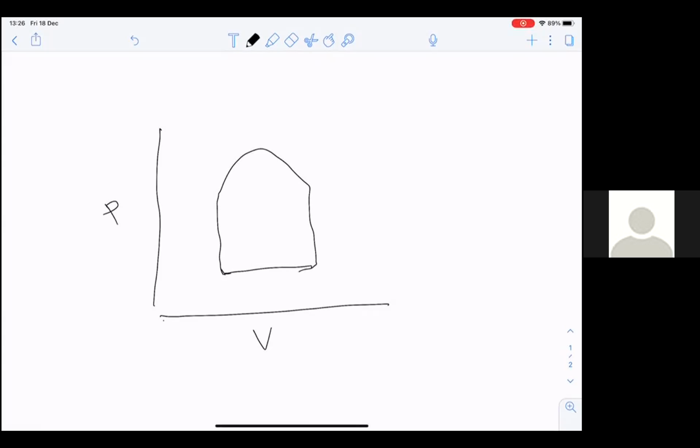So this is low pressure, low volume. This is end diastole. No, end systole. You've not got a lot of pressure. You've not got much more to eject, but you haven't started to eject it.